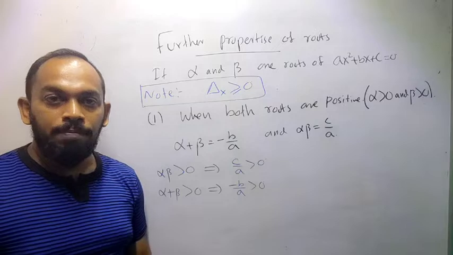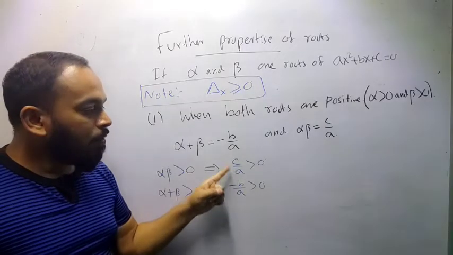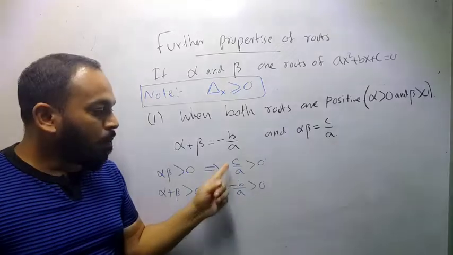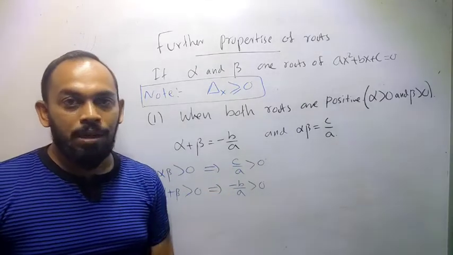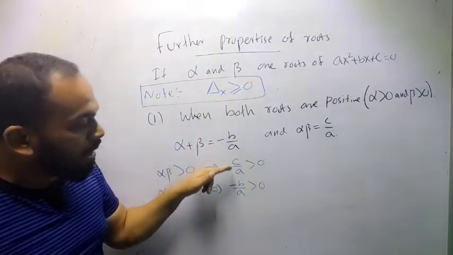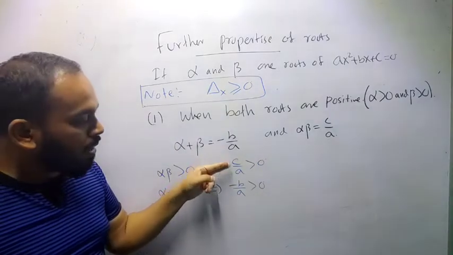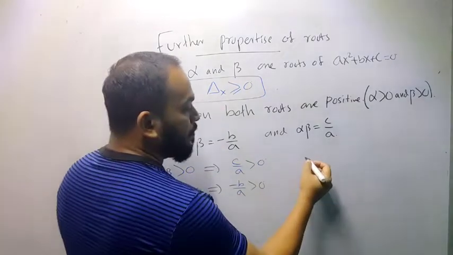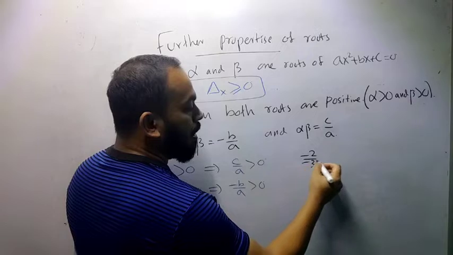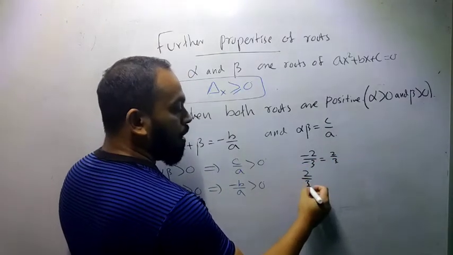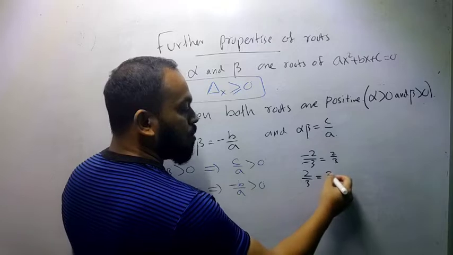What does that mean? C over a, when is a quotient positive? A quotient is positive when both numbers are of the same sign. Suppose negative 1 divided by negative 5, you get a positive 1 over 5. So negative 2 divided by negative 3 is 2 by 3. Plus 2 divided by plus 3 is also 2 by 3.